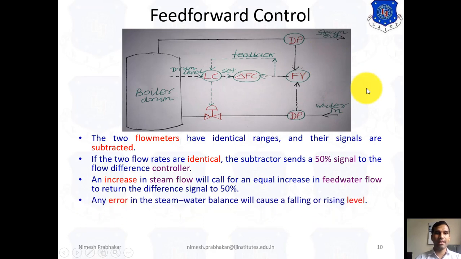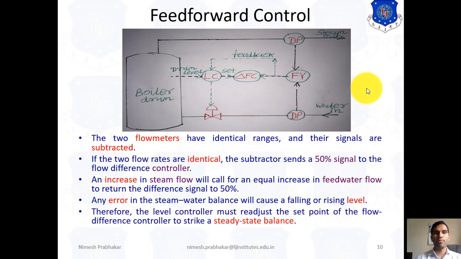So an error in the steam water balance will cause a falling or rising level. Therefore the level controller must readjust the set point of the flow difference controller to strike a steady state balance.